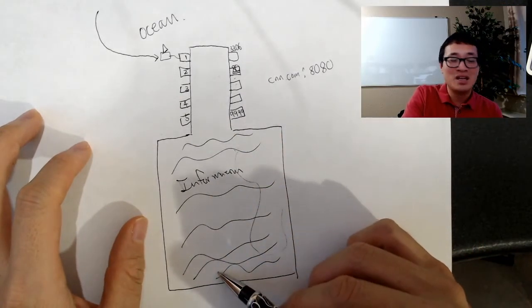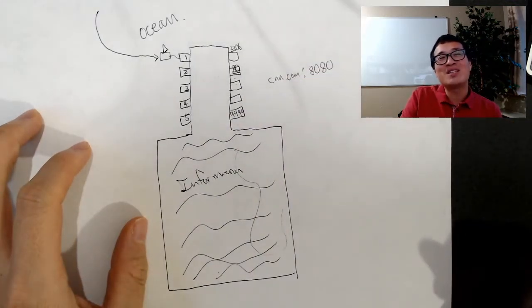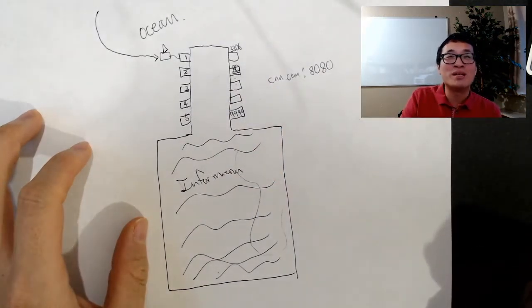Okay, does that make sense? So this is what port numbers are, and you can use this as an interesting way to also hack into a system, because usually by looking at a port number, you can find out which program is being run.